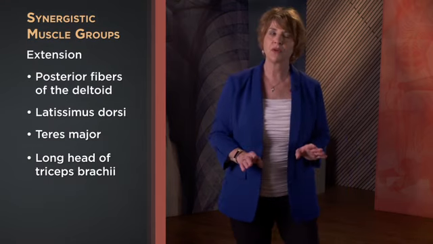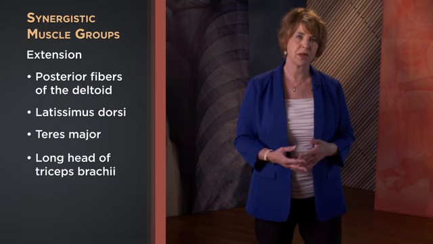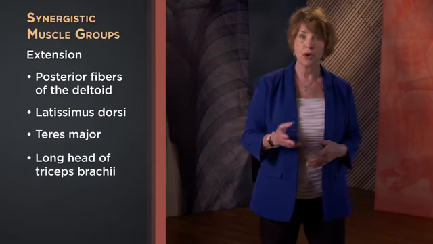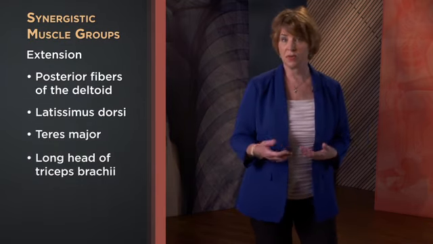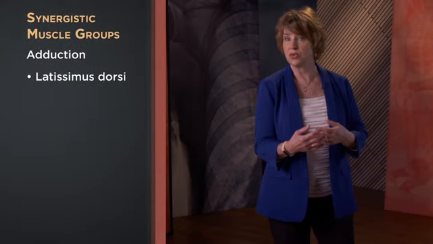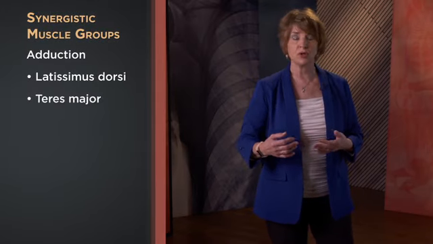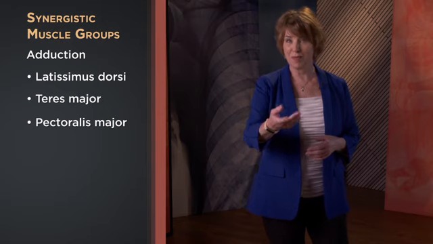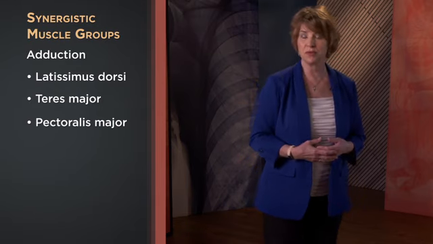It's sometimes difficult to isolate a specific muscle during an action. Those who are fitness enthusiasts know that. We discussed muscles that cross the axilla to participate in adduction, such as latissimus dorsi, teres major, and pectoralis major. Remember the lady between the 2 majors?